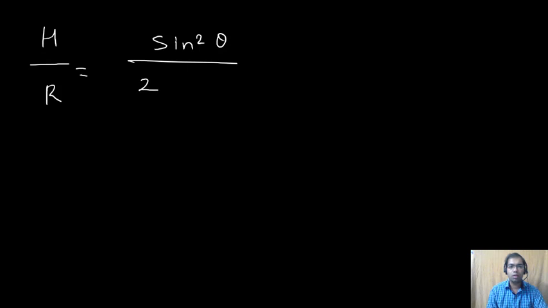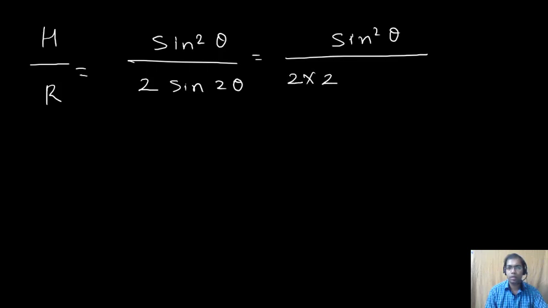So we will end up getting h by r is equal to, in the numerator only sine square theta, and in the denominator 2 times sine 2 theta. So that is nothing but sine square theta by sine 2 theta, which can be written with sine 2 theta as 2 sine theta cos theta. That becomes 2 times 2 sine theta cos theta. One of the sine can get cancelled.